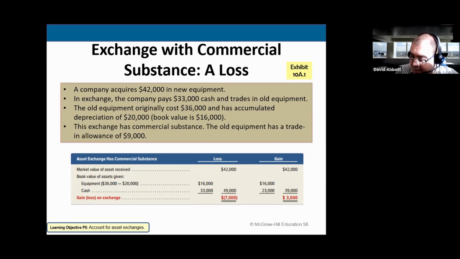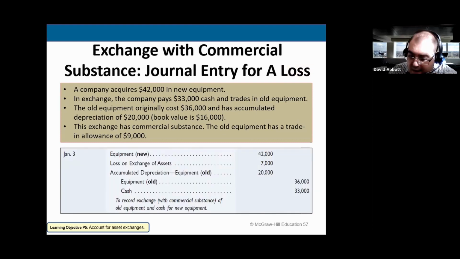The gain is computed as asset received minus asset given, which equals $42,000 minus $39,000 equals $3,000. We also can compute the gain as trade-in allowance minus the book value of the asset given, which equals $19,000 minus $16,000 equals $3,000.